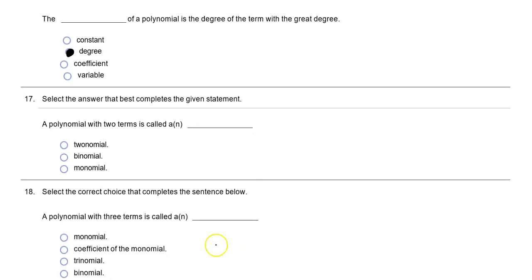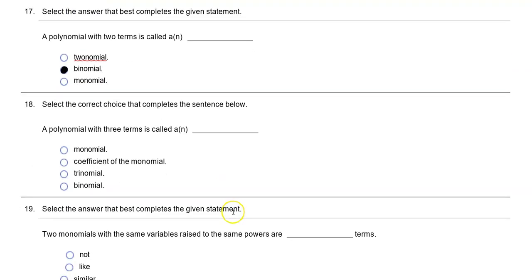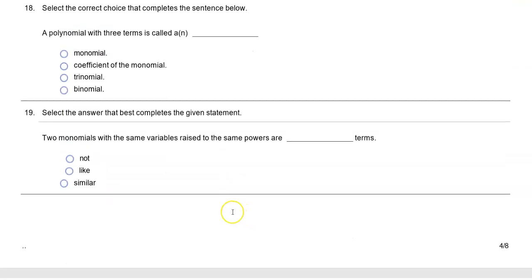A polynomial with two terms is called a binomial. A polynomial with three terms is called a trinomial.